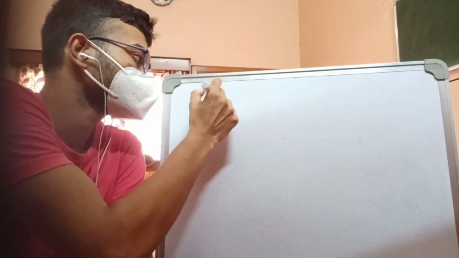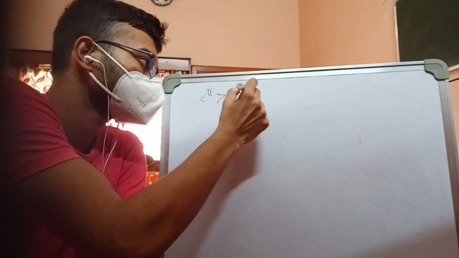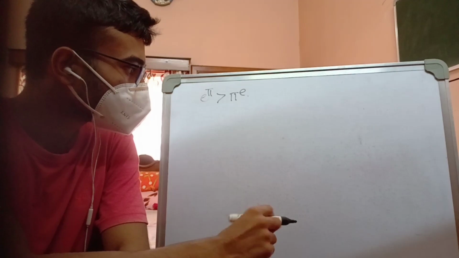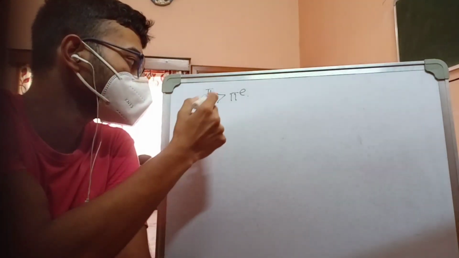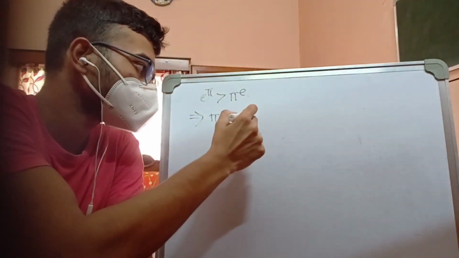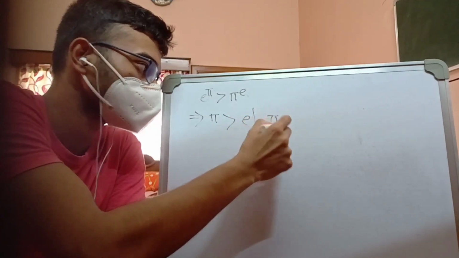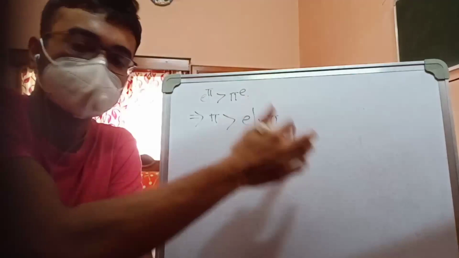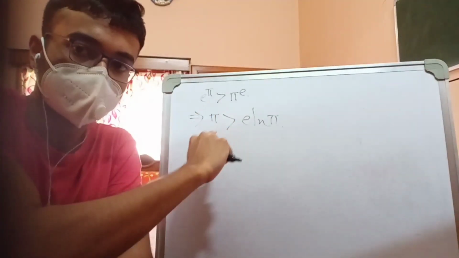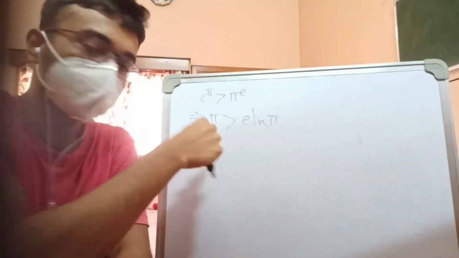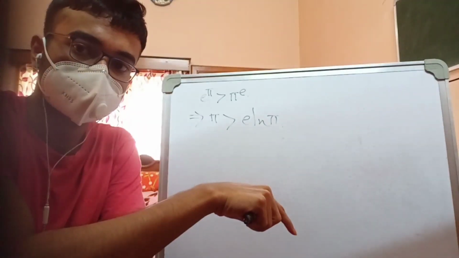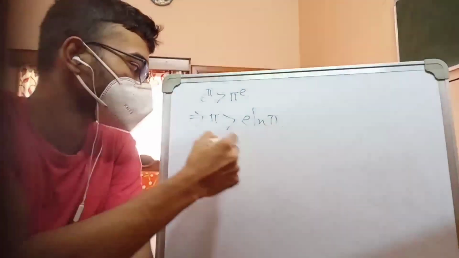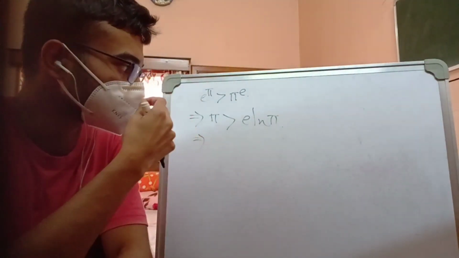But when you have e to the power pi greater than pi to the power e, then I take log on both sides, so it looks like this. It is the reverse of the process that I have done now, but this is how the idea was generated. So this is the straightforward process for generating my idea.